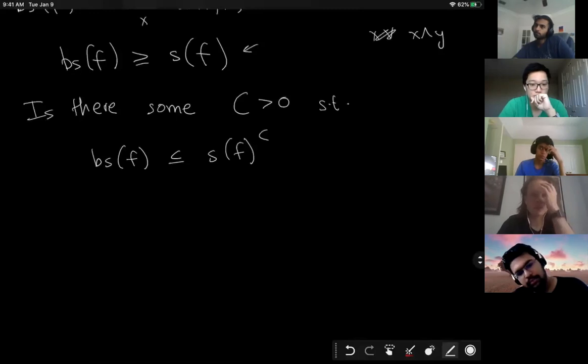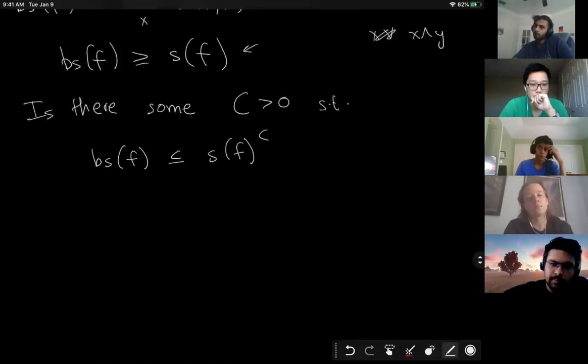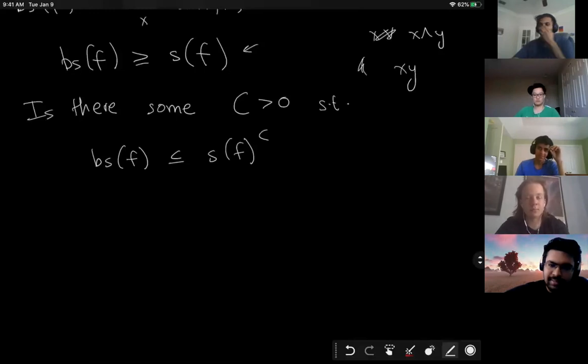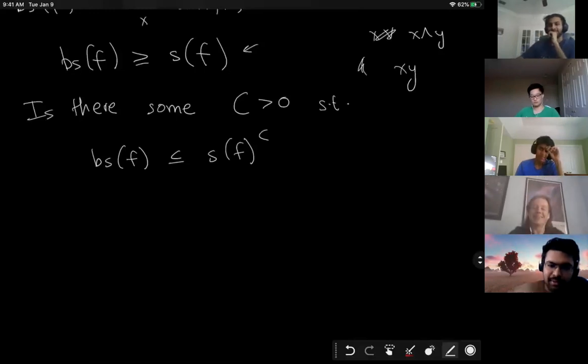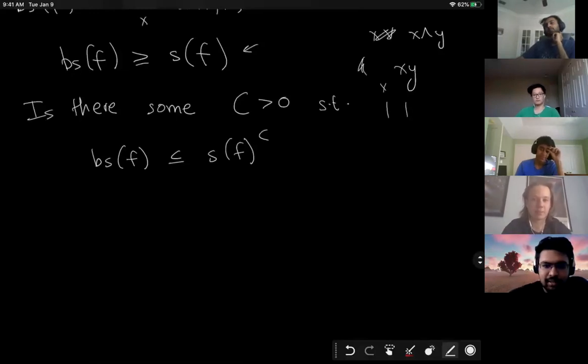Then you can write this as a polynomial. Mart says x times y. X times y, yeah, because they both have to be 1. And you can do this more generally by writing out the truth table. Mart's a genius.